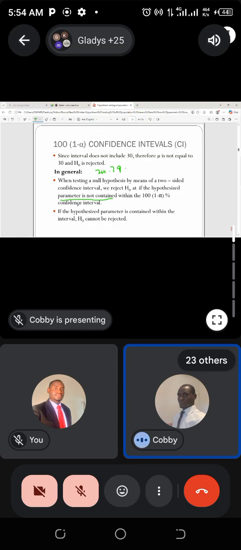Then, if the hypothesized parameter is contained within the interval, the null hypothesis cannot be rejected. So for instance, if we have found maybe 29 and 31, this means that 30 is in between here, is enclosed. So when it's enclosed, we cannot reject the null hypothesis.